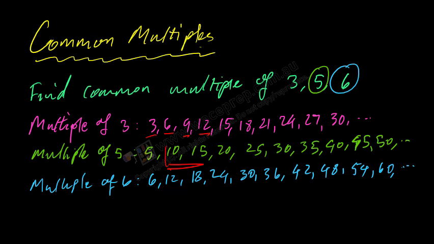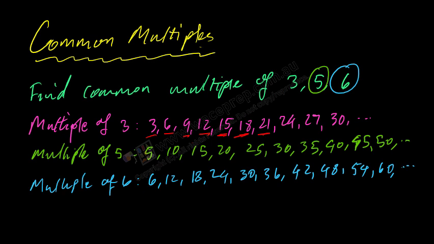But because it does not exist in the multiples of 5, we cannot consider that to be a common number. 15 exists in the multiples of 5, but it does not exist in the multiples of 6, hence we cannot consider that to be a common number either. 18 does exist in the multiples of 6 but does not exist in the multiples of 5, hence we cannot consider 18 to be a common multiple of all 3, 5 and 6 either.